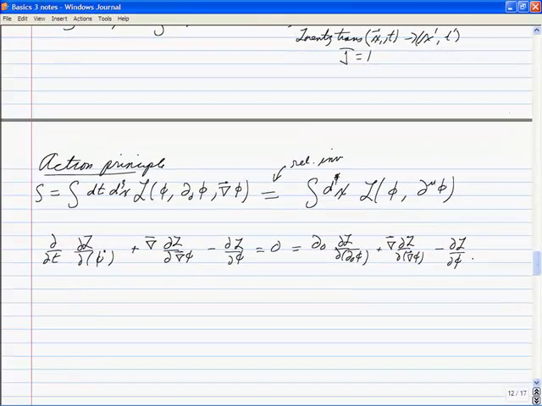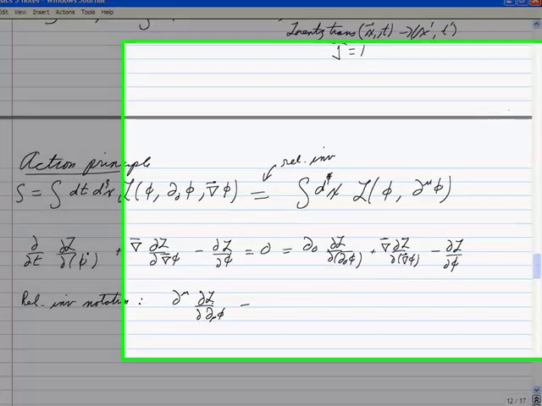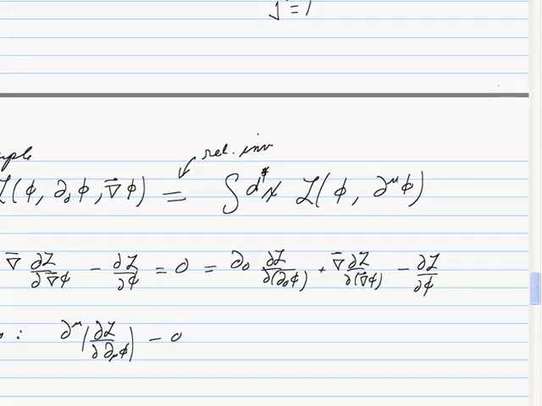In our compact notation, this turns into d mu of dL d d mu phi, minus dL d phi.